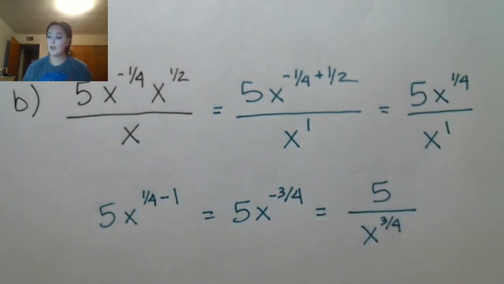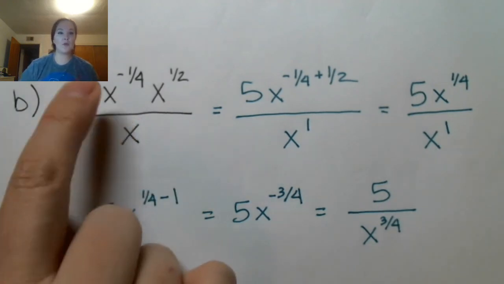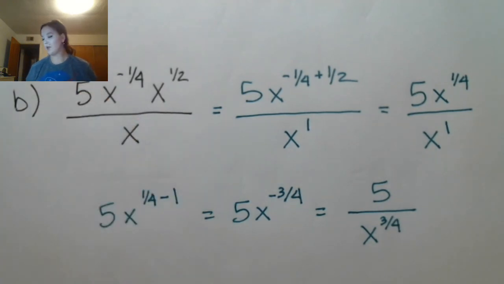If you prefer to move all of the ones with negative exponents first, this is also a totally acceptable method. Remember we had 5x to the negative 1/4, x to the 1/2 over x.